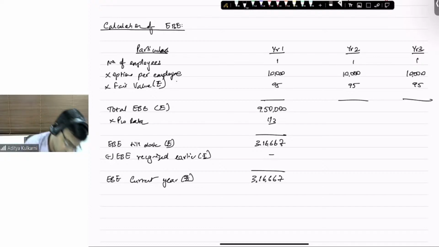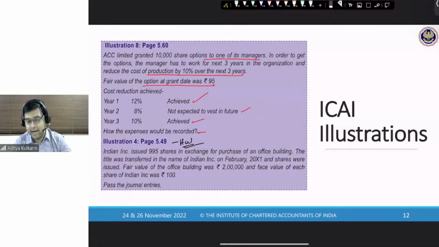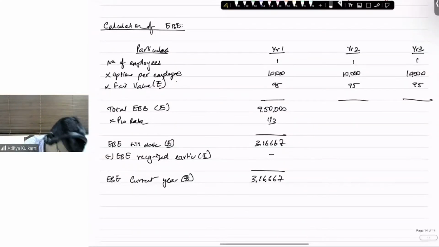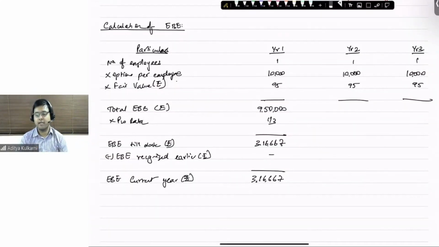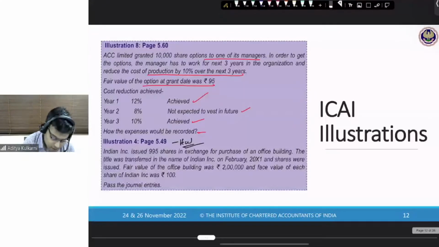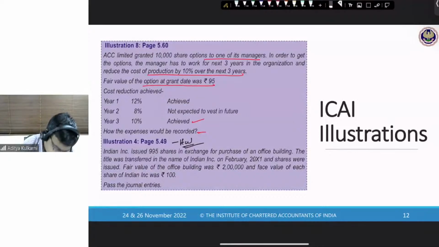Year 2 has been a very bad year. So therefore, cost reduction achieved is only 8%. The organization had reduced the cost of production by 10% over the next 3 years. Okay. So this is what you are going to do. You are now not expecting this to vest.